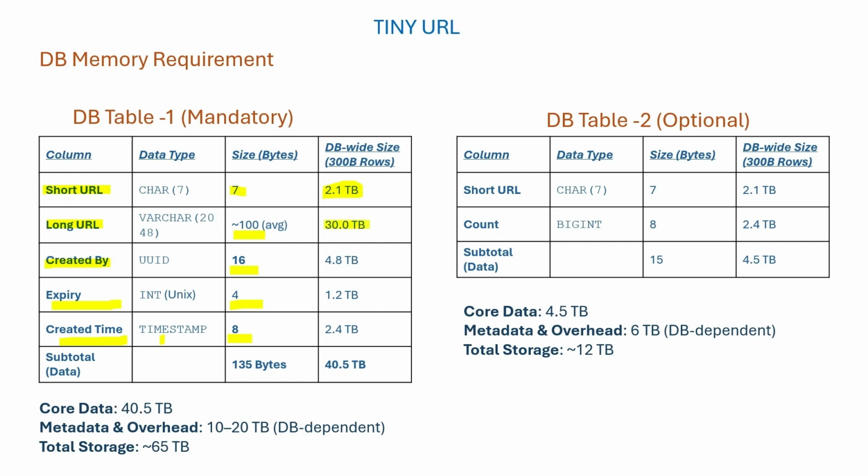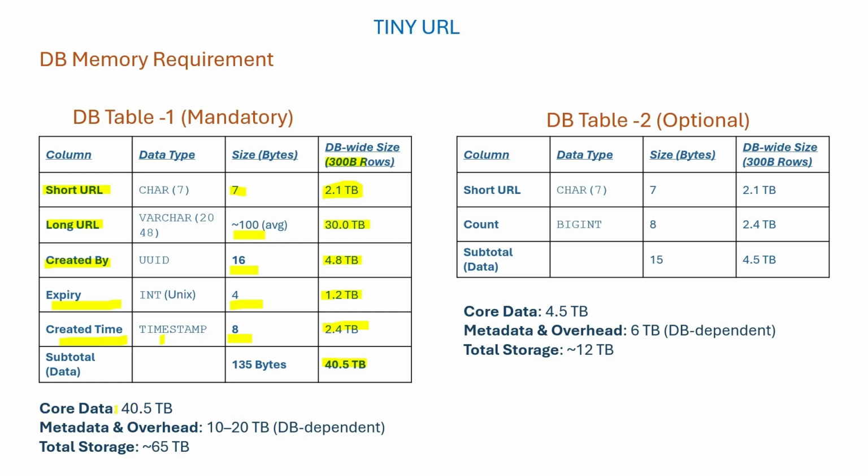And similarly, we'll have 30 TB of data required for long URL, 4.8 TB for created by, and 1.2 TB of memory required for expiry. I mean memory, sorry, if I mentioned data previously. And then created time would easily take around 2.4 terabytes. Overall, this table would need somewhere around 40.5 or 41 terabytes of storage for 300 billion rows.